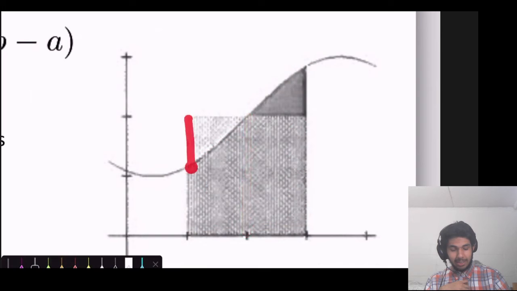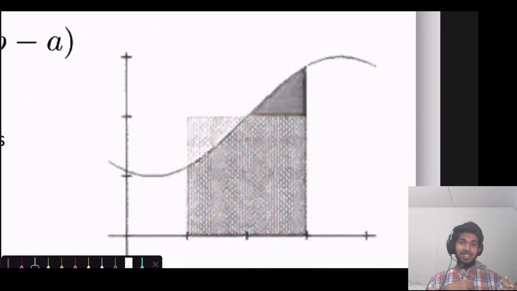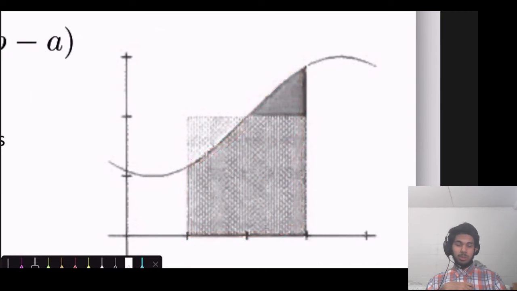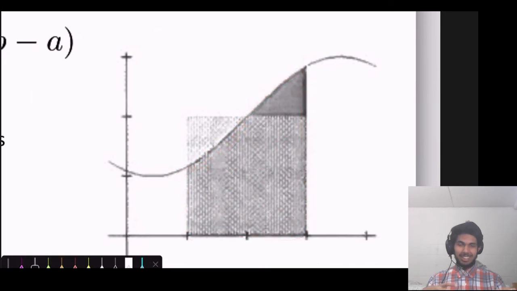And the area of that rectangle will be identical to the area underneath the curve. Crazy. We're smushing this area, condensing it into a rectangle.